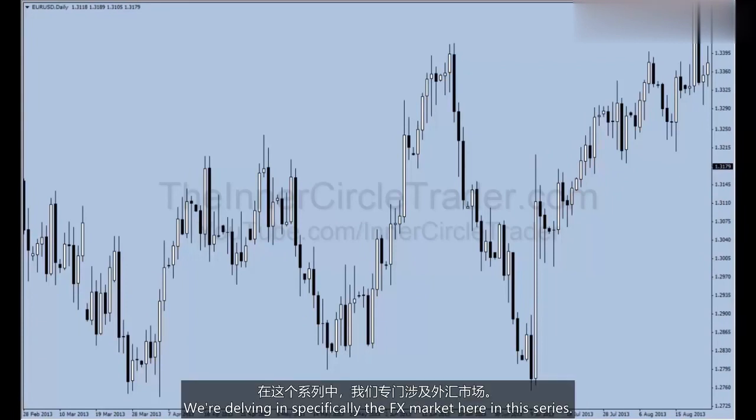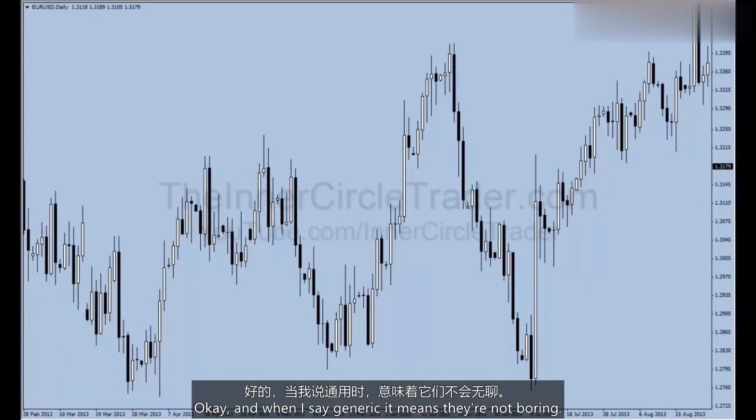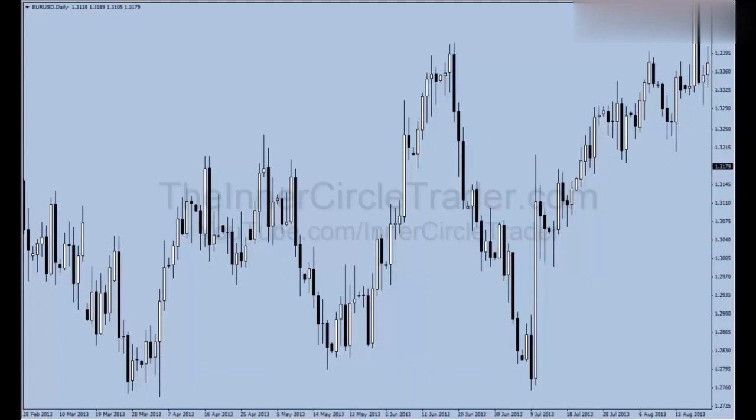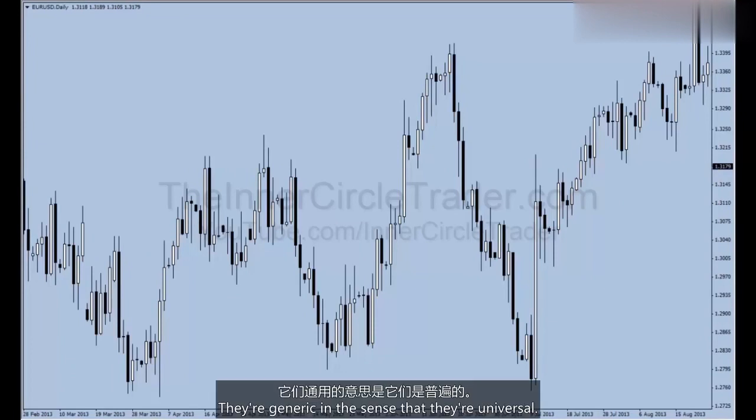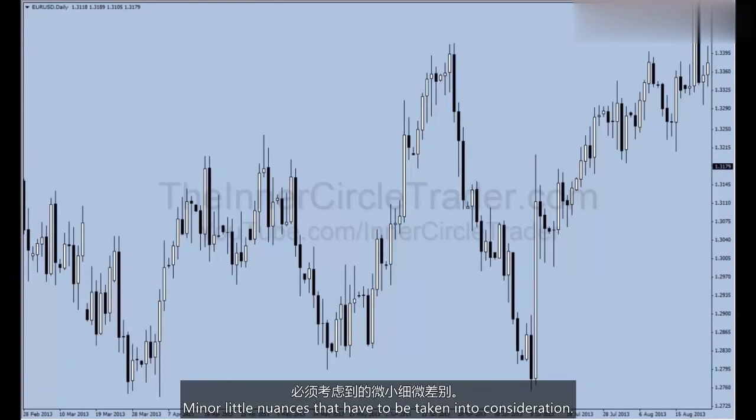We're delving specifically into the FX market in this series, but it's important that you understand that my concepts are generic. And when I say generic, I don't mean they're boring or not useful. They're generic in the sense that they're universal. They apply to every asset class, with minor little nuances that have to be taken into consideration.